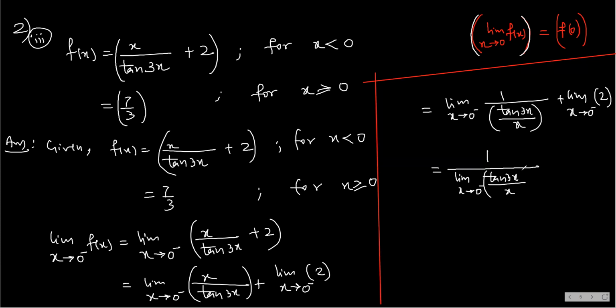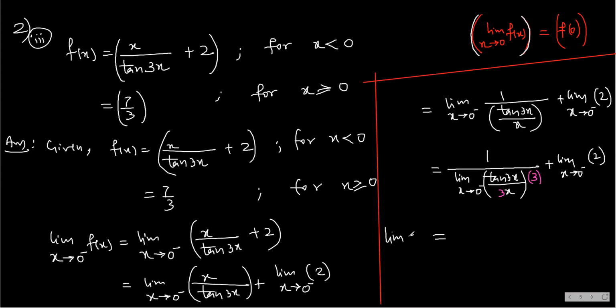So I multiply 3 so that it becomes 3x. This is the condition: whatever angle you have with tan, you should have the same in the denominator. And as you are multiplying 3 here, you will multiply 3 here. And this side you will have limit x tends to 0 negative 2. Now I will apply the limits.